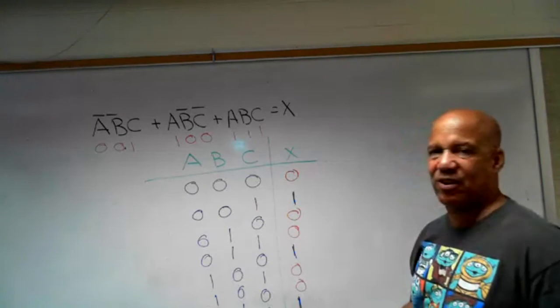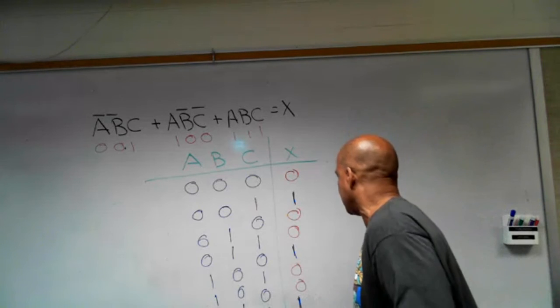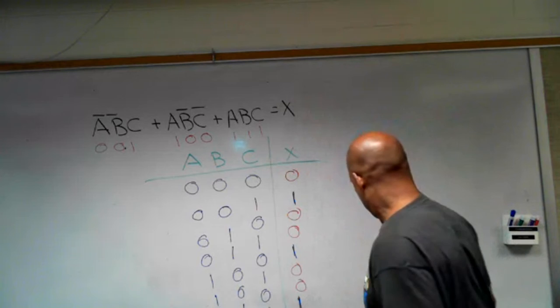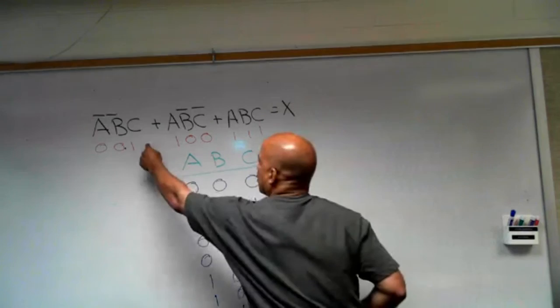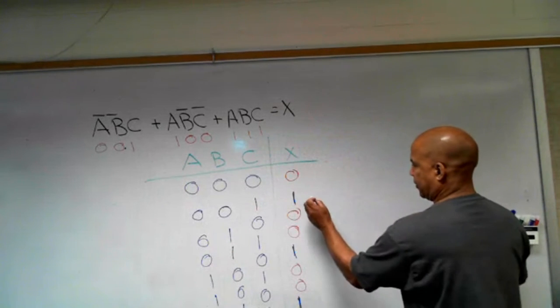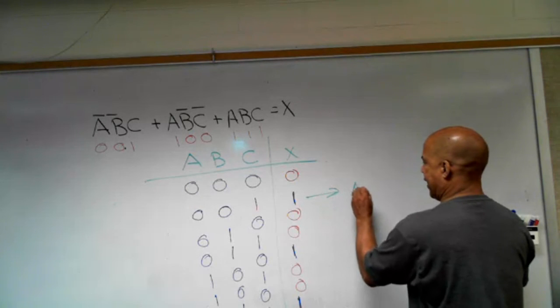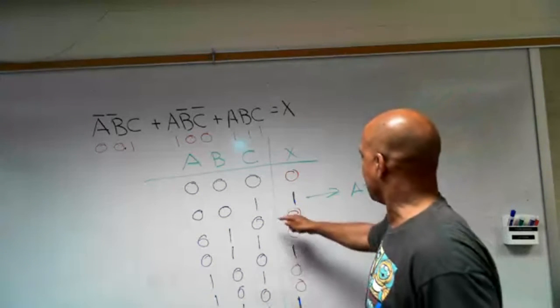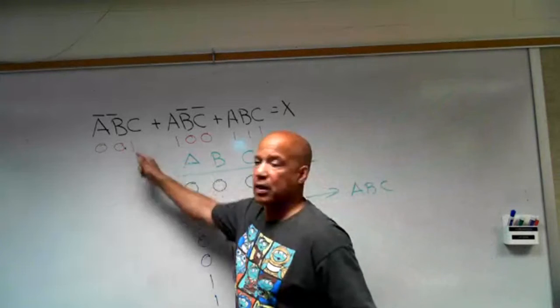The other thing to note, and you don't really have to know this right now, but this is the truth table that represents this expression, but each one of these terms you can write it that way. And what I'm saying is I can say I got A, B, C. Given the truth table, you can go backwards, right? Given the truth table, you can go back to the expression.